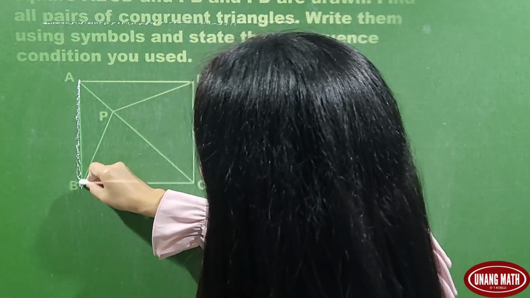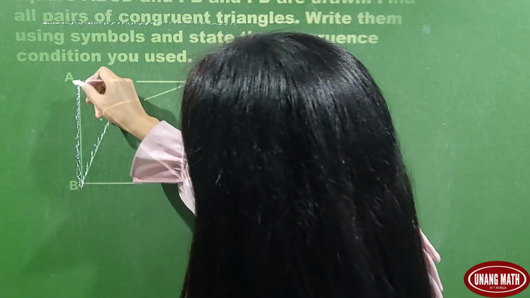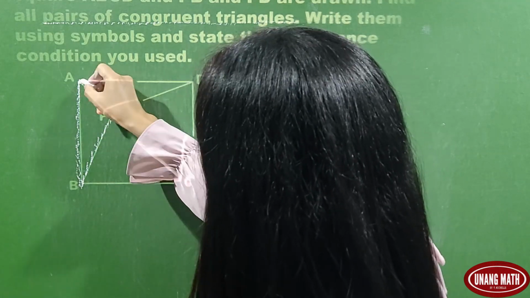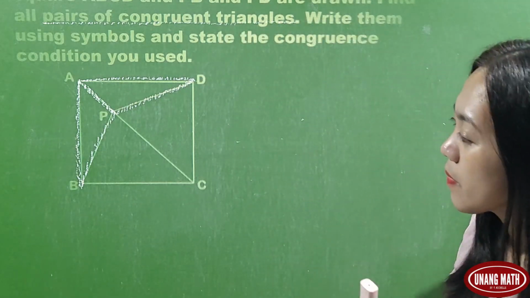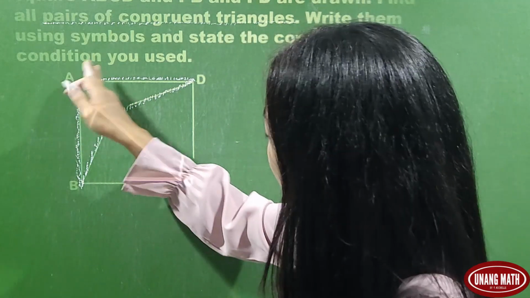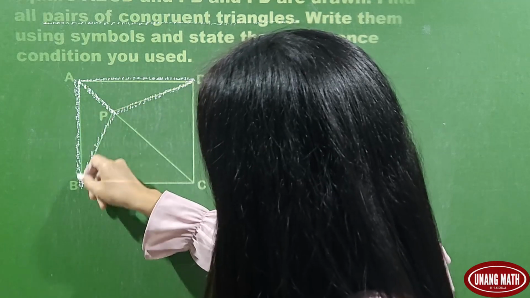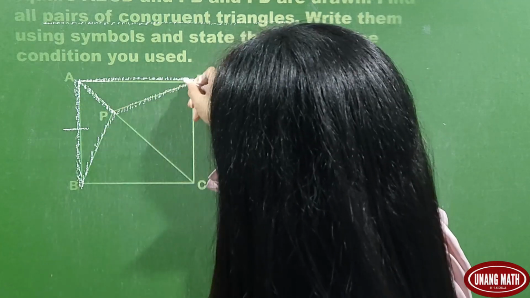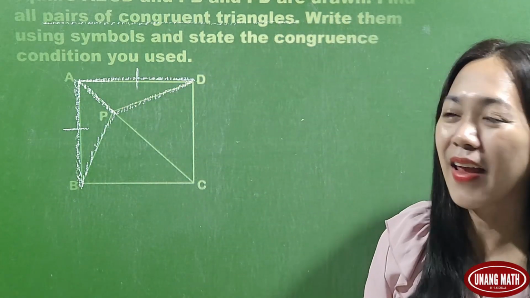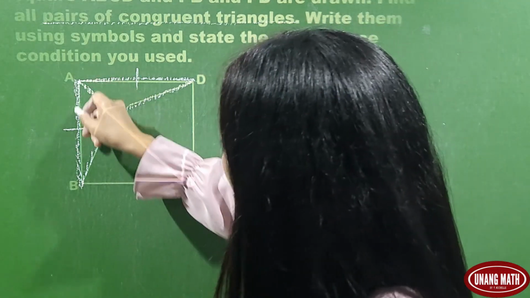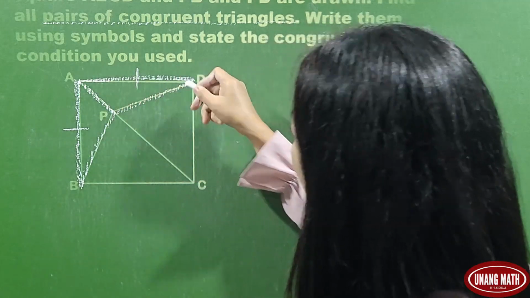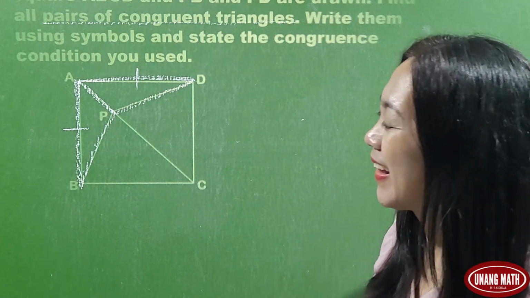Let's consider these 2 triangles, triangle ABP and this triangle. Since this is a square, this side and this side are equal in measure, so this side corresponds to this side.